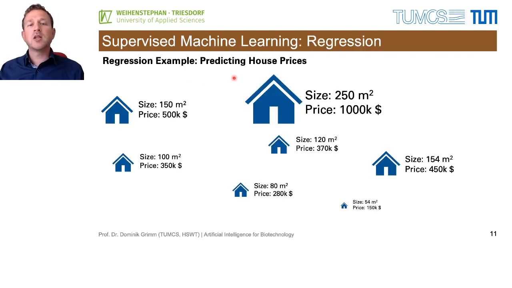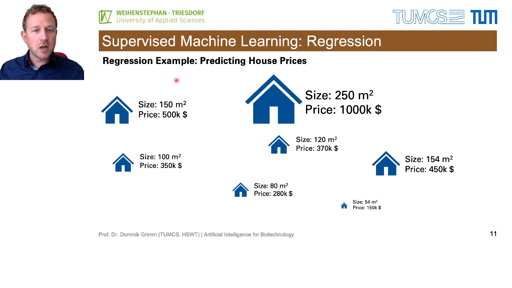So we would like to predict the price of a house based on the size of a house. So we have here some data, different houses, and we know the sizes, and the label therefore is the price. So the label is the variable which we like to predict.